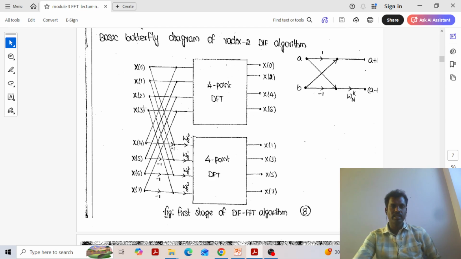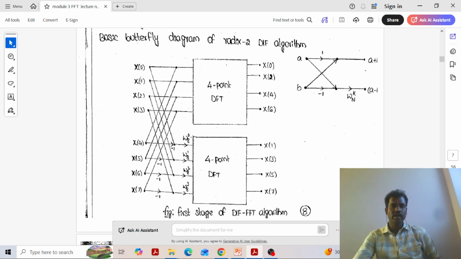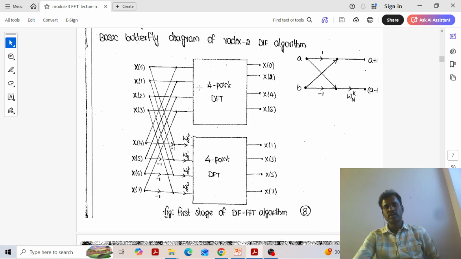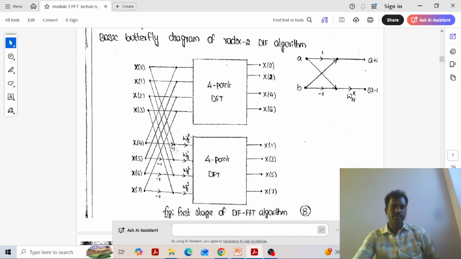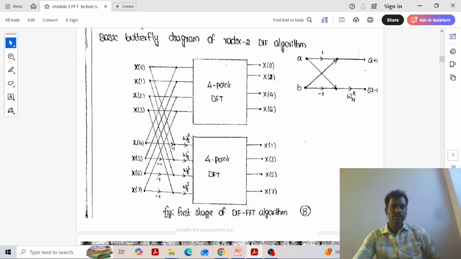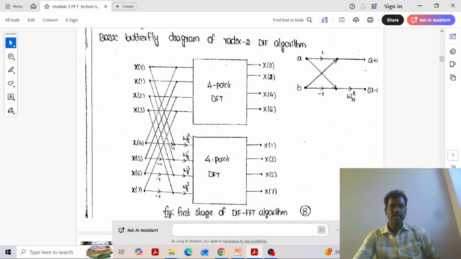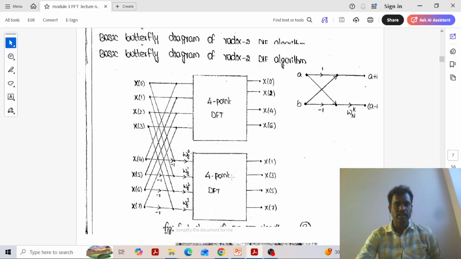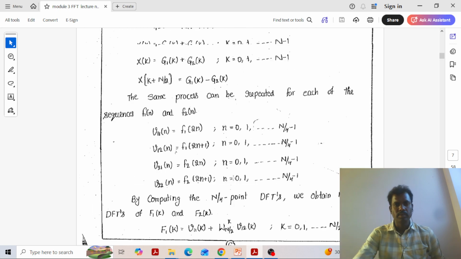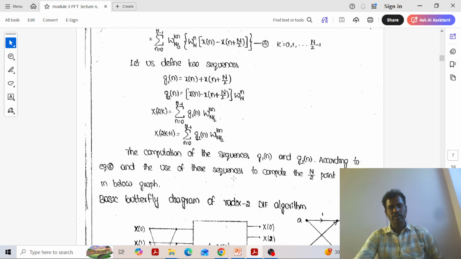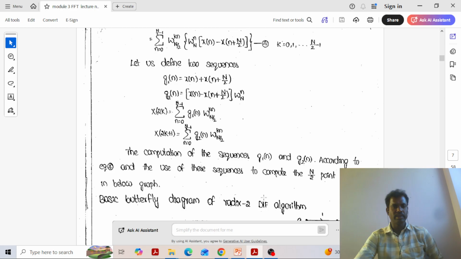Even index samples are applied here and odd index samples are applied there. This value is multiplied by the twiddle factor, then added with this one and subtracted, giving the next butterfly diagram.